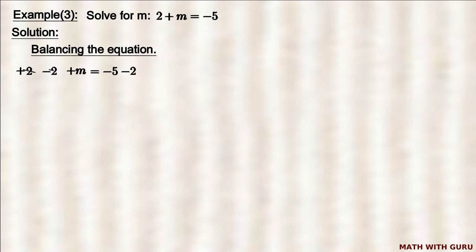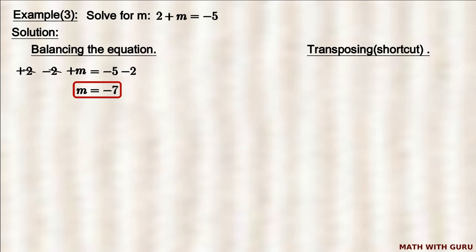Now plus 2 minus 2, their algebraic sum is 0. What do we get? M equals minus 5 minus 2. This is as good as transferring 2 from the left hand side to the right hand side by changing its sign. M equals minus 7.